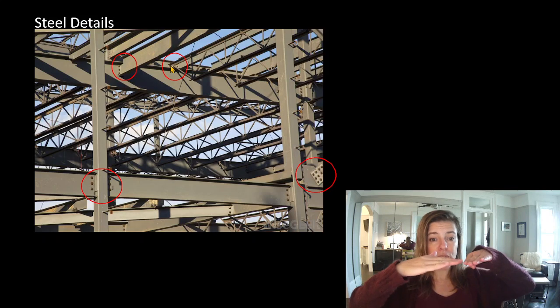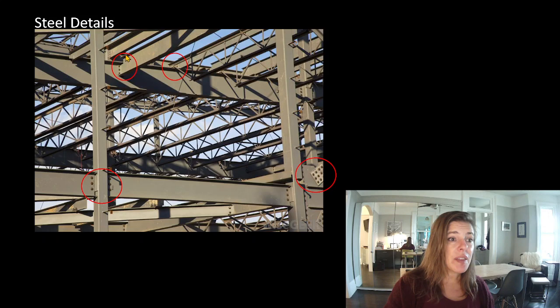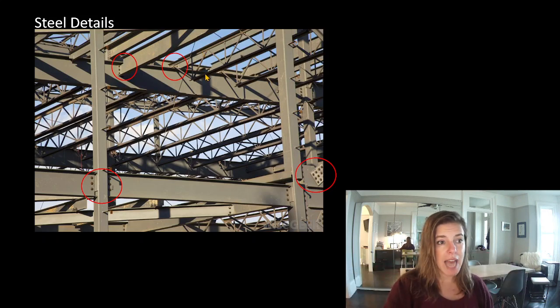Normally we keep the top of our steel flush, even if they're connecting into each other. We would cope the top of the end of the steel so that they can fit together. This one needs to be coped and raised up because it needs to be at the same datum as the open web steel joists, because they're all picking up the same piece of deck.